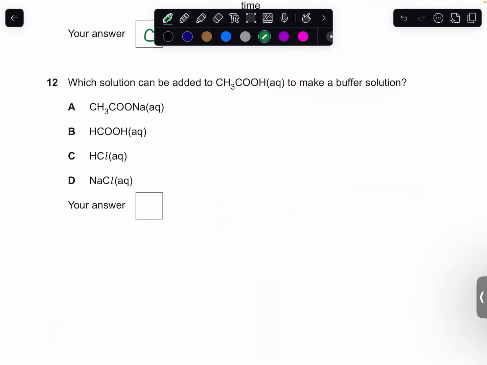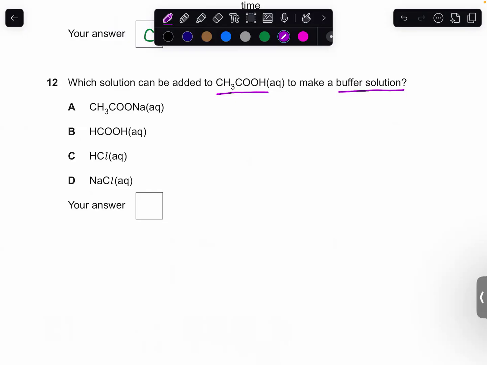Which solution can be added to a weak acid like ethanoic acid to make a buffer solution? A buffer solution can be made either from a weak acid and its salt, or from excess weak acid reacting with a base, which produces some salt, leaving excess weak acid.